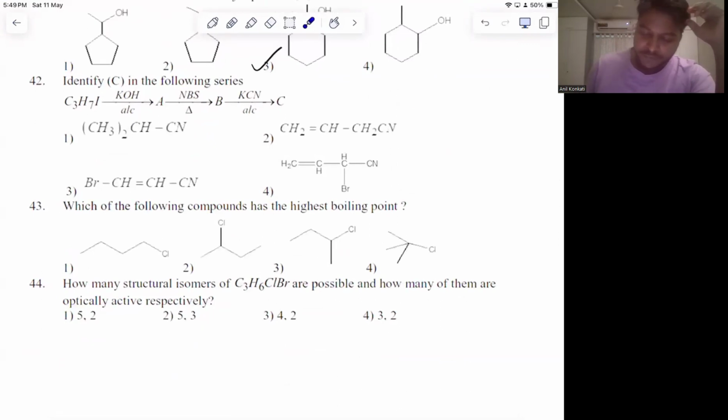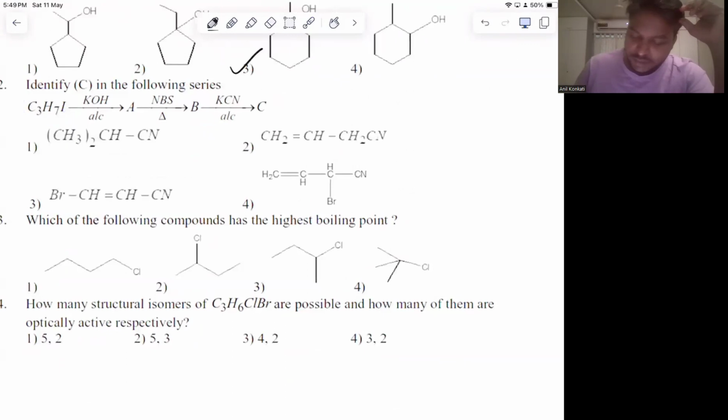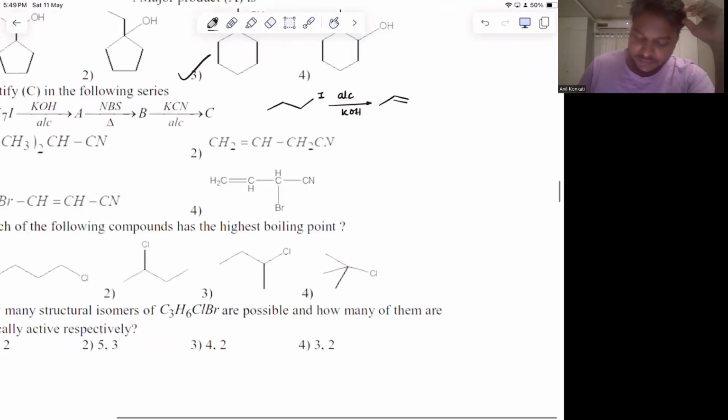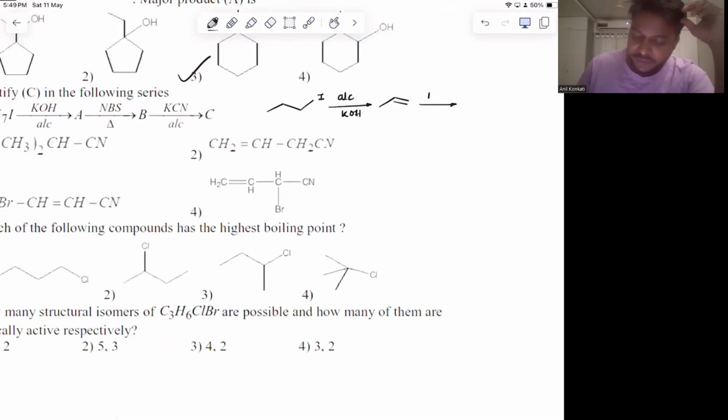Next. There is a 3-membered carbon with iodide. Now that could be primary or secondary, it does not make any difference. If there is an iodide here and you treat it with alcoholic KOH, that makes it an alkene. When you treat that with NBS, it is an allylic substitution, so allylic substitution will take place.